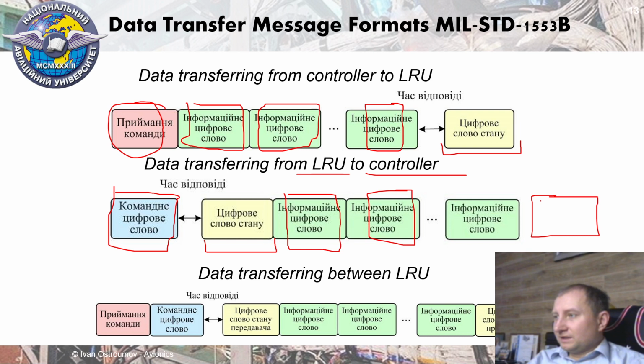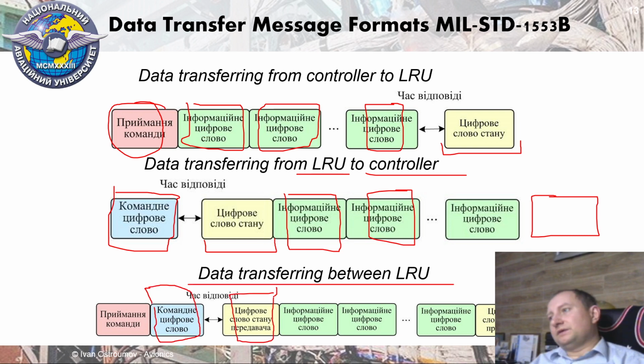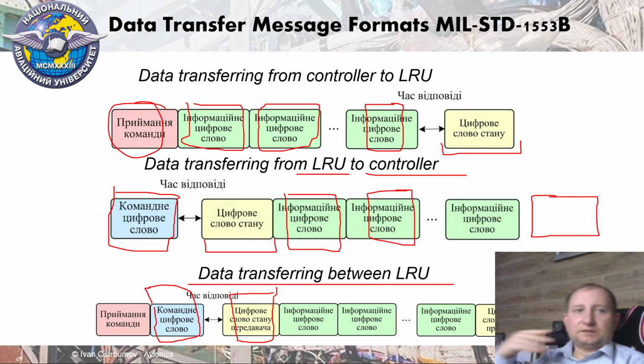Then the LRU which will transmit, which will generate the data in the network, is required to generate a status word, and it means that LRU is ready for transmitting, and then it will give digital data words with information.